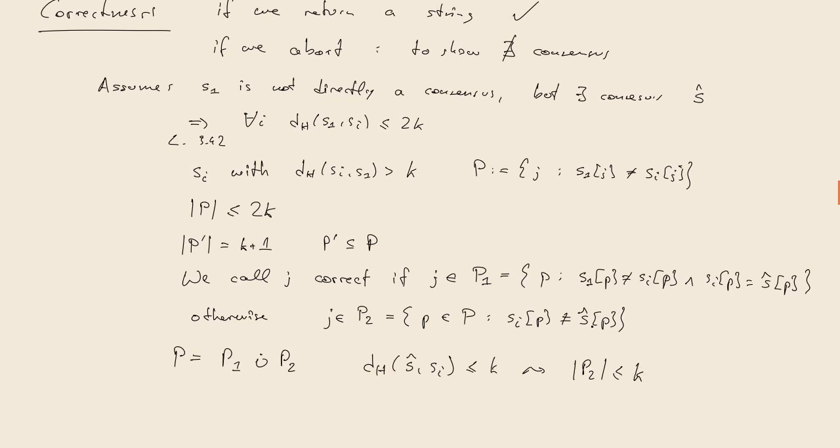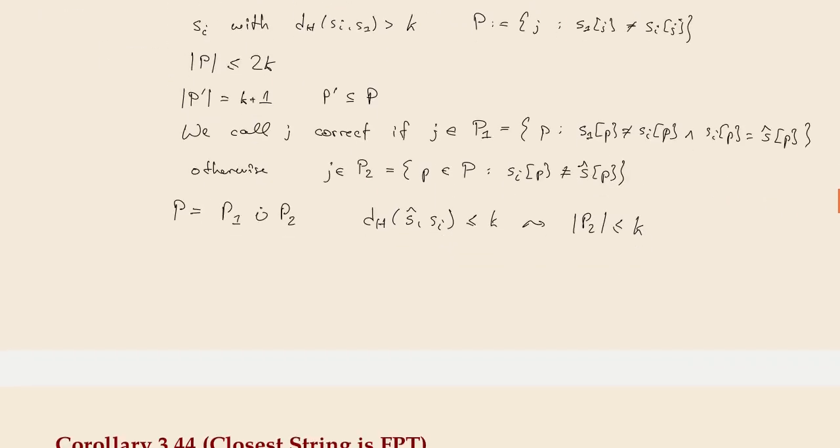Otherwise we would have more mismatches, even restricted to that set P. And that means at least one j in the set P prime that we pick is correct.